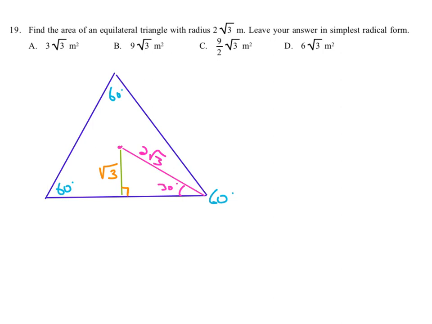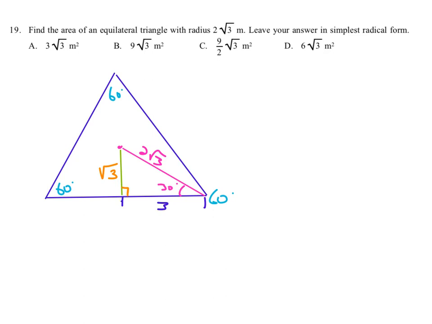Now, if the short leg is root 3, what's the long leg? Well, the long leg is always the short leg times root 3. So we take square root of 3 times square root of 3, which is 3. So this section right here, from here to here, is equal to 3.